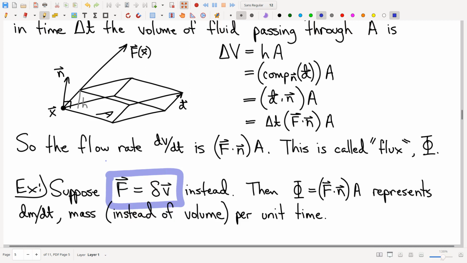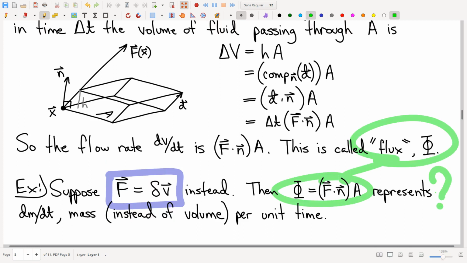In that case, a reasonable question to ask is, what does flux represent then? Does flux represent volume per unit time? Well, certainly not. We've got an extra factor in there of density.